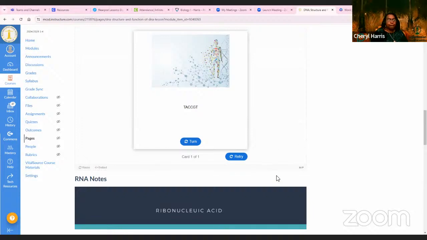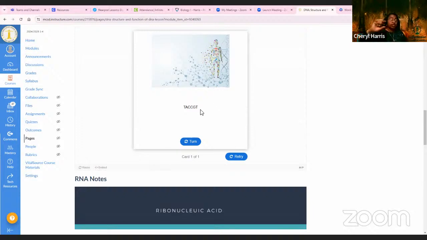Okay? And like I said, you need to make sure that you understand that G is always going to match with C and A is always going to match with T for DNA. When we look at RNA, we're going to have one slight change, but basically you need to understand base pairing.